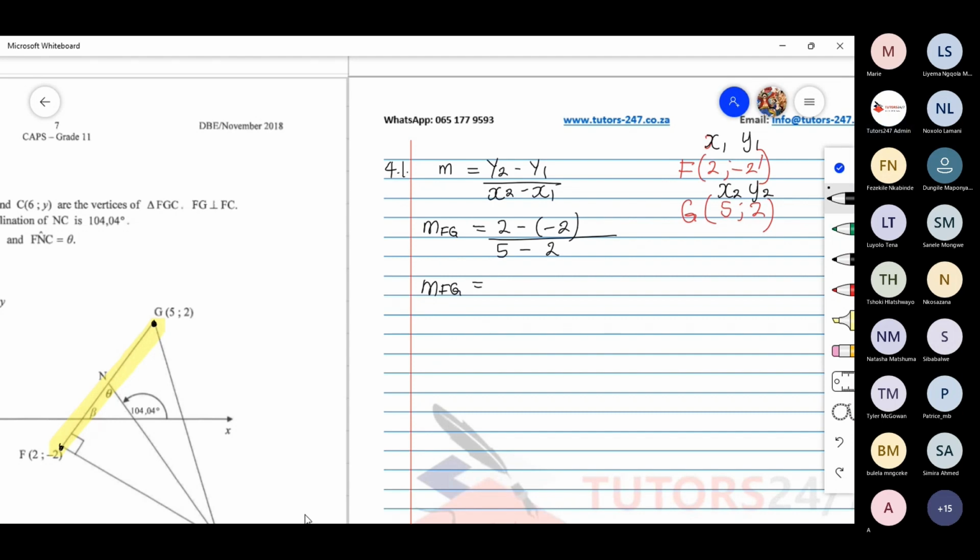So we've got 4 over 3. Let me just double check that on a calculator. Yeah, it is correct. So 4 over 3. Our gradient for this particular question is 4 over 3. Something interesting to take note of, our previous 3.1 was also 4 over 3. Okay, so let us proceed.